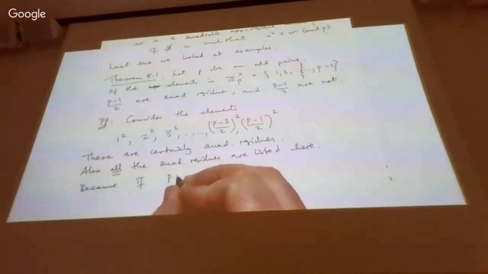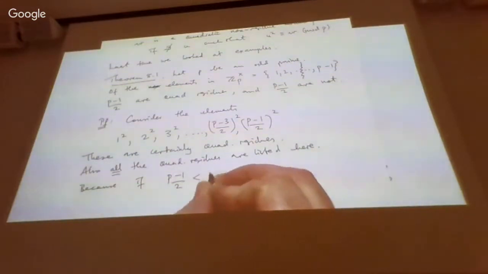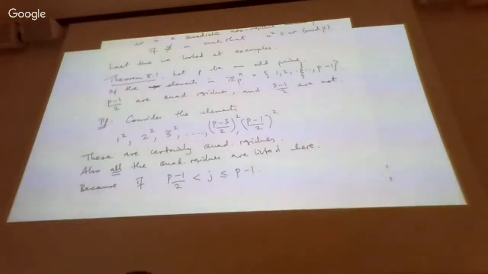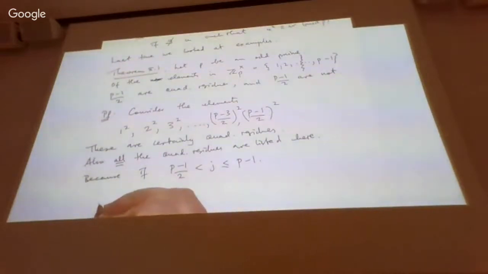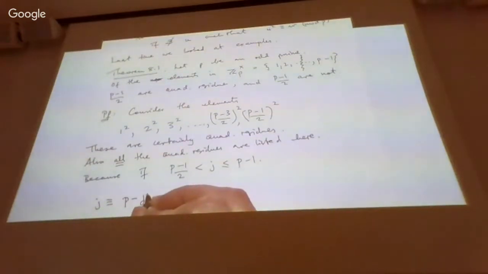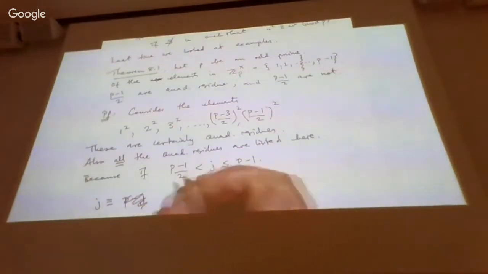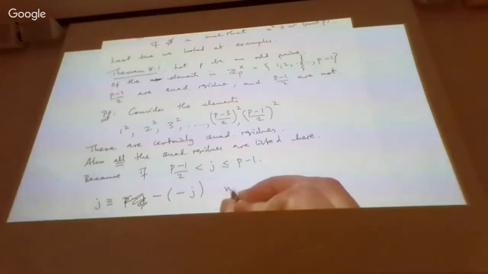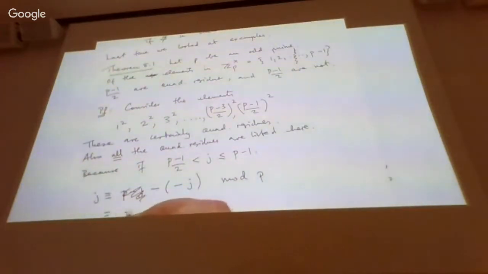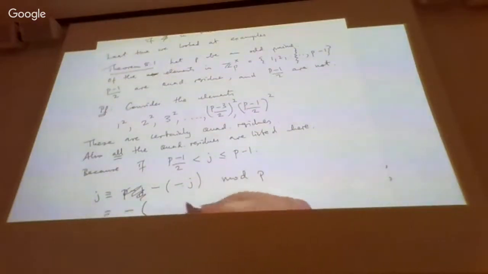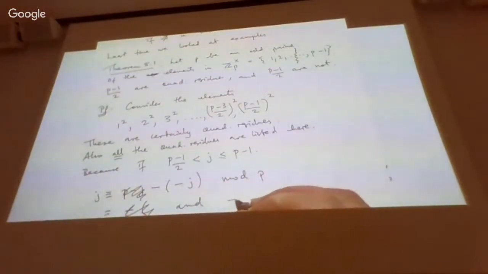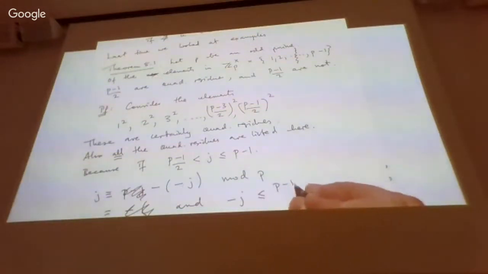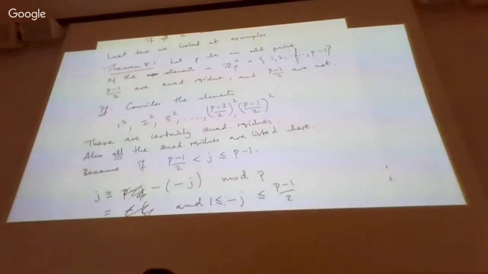The only objection you might have is this: if J is bigger than P minus 1 over 2 and less than or equal to P minus 1, so that it's in the second half of the elements, well, J is congruent to minus J, and minus J is certainly in the first half.